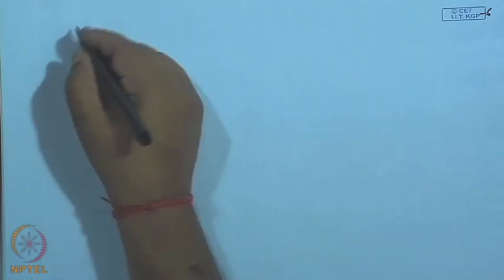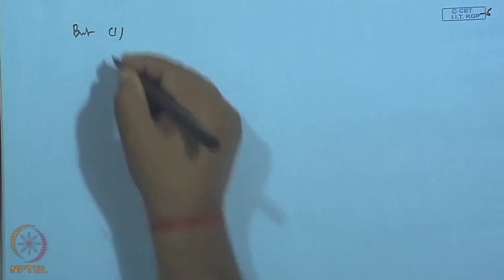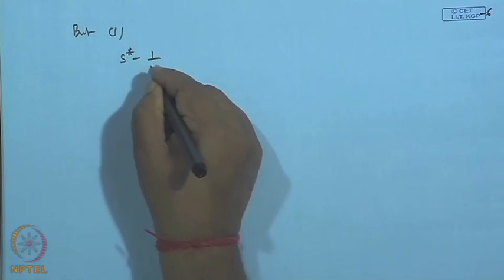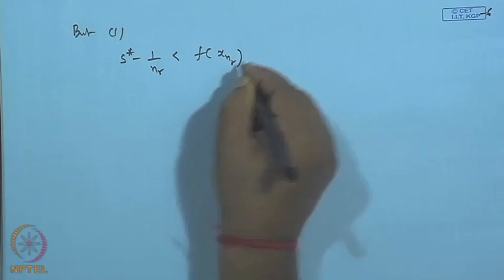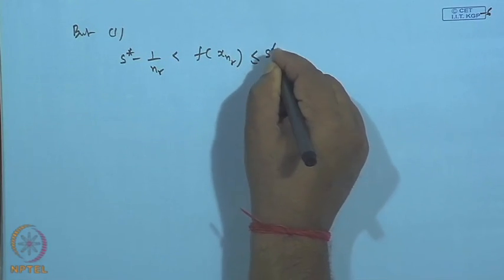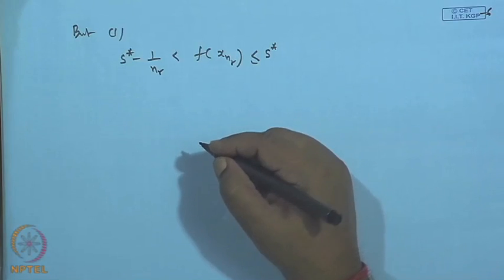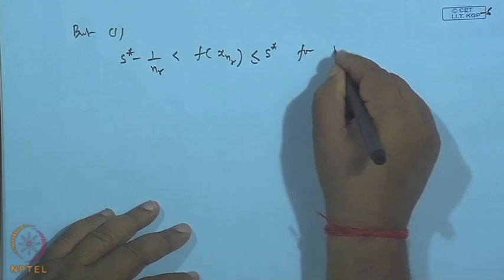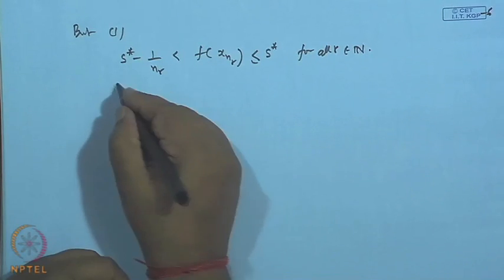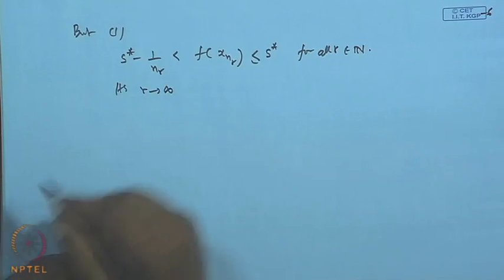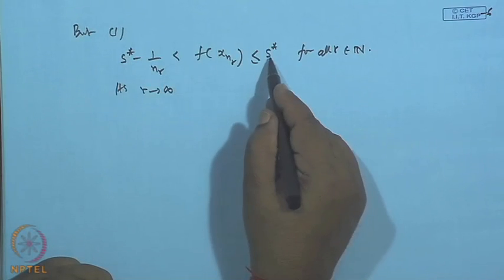But by the first one, from first, what we get is s star minus 1 over n_r is less than f of x_{n_r}, which is less than or equal to s star, is it not? So, this is true for all r belonging to N. Now, let r tend to infinity. So, this limit is s star, this is s star.